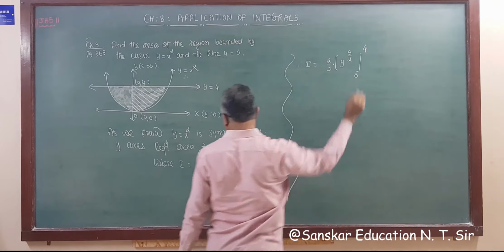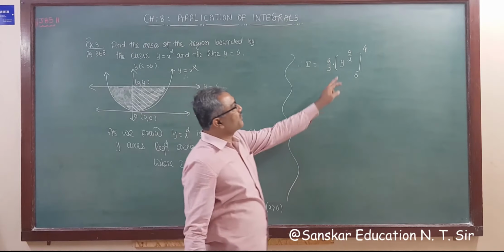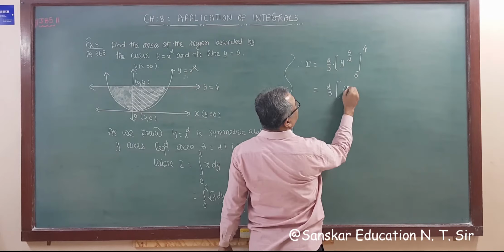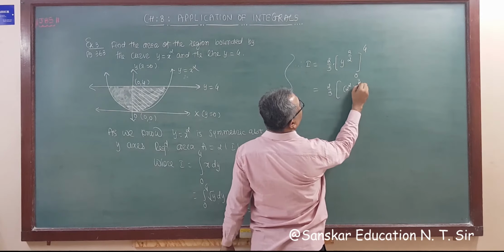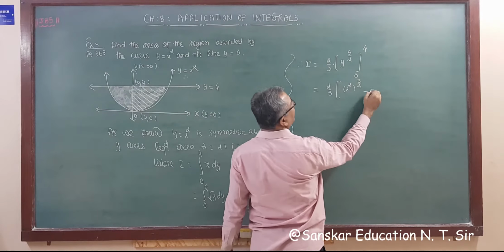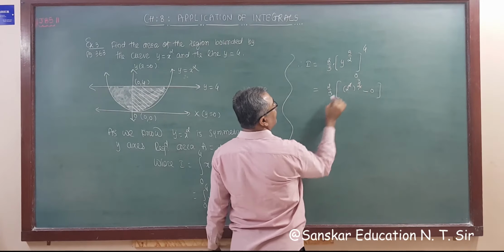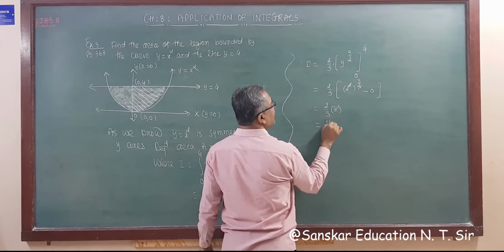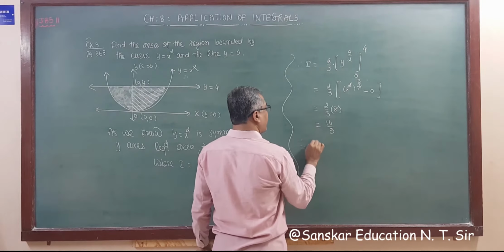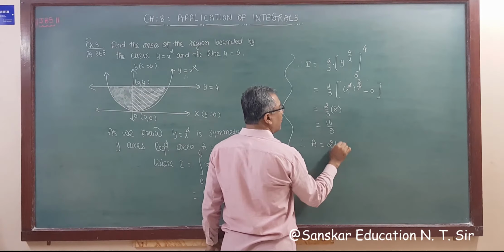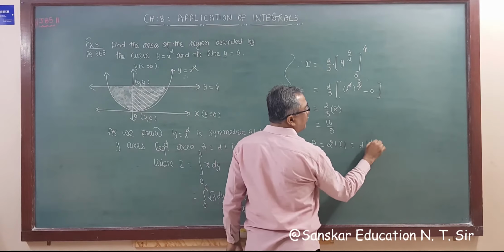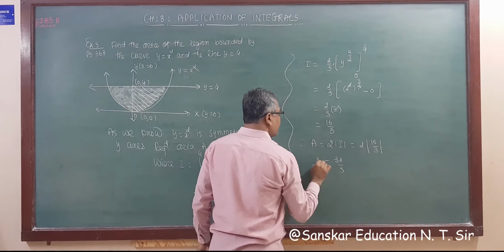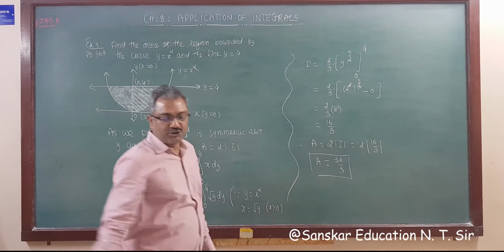Substituting 4, we get 2/3 into 2 square raised to 3/2, minus 0, which is 0 and cancels. So this is 2/3 into 2 cube, which is 8, so we get 16/3. Therefore A is equal to 2 mod I, that is 2 into 16/3, which is 32/3. So this is your required area, 32/3.